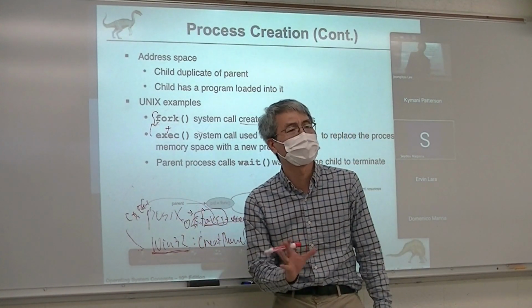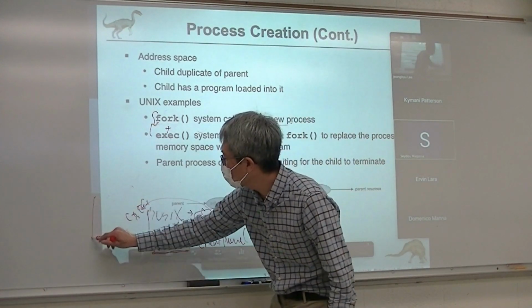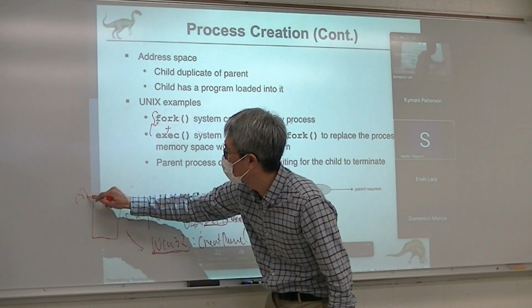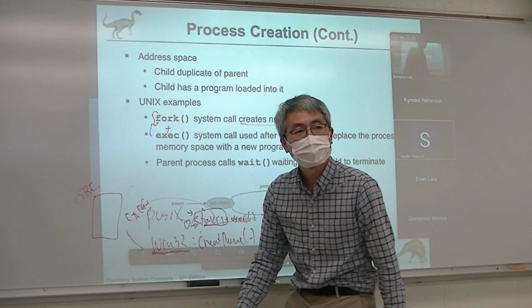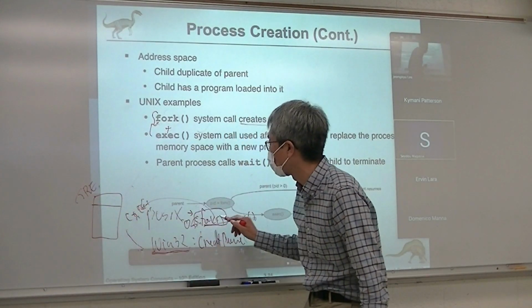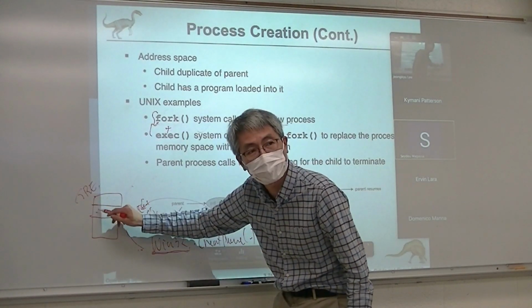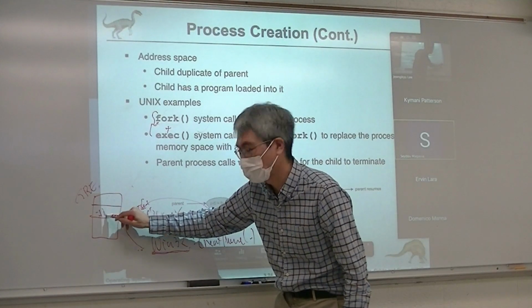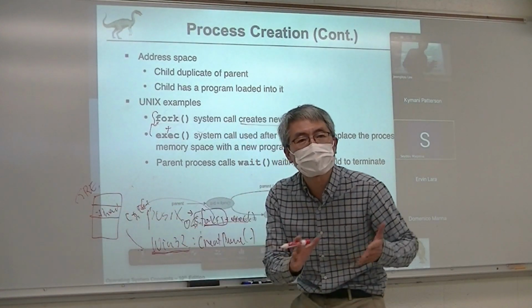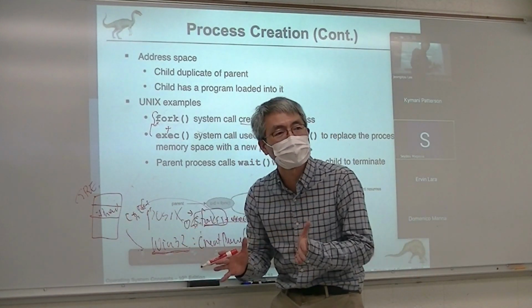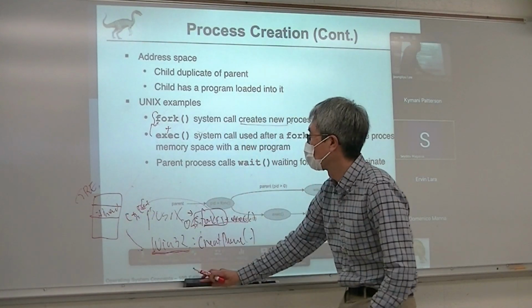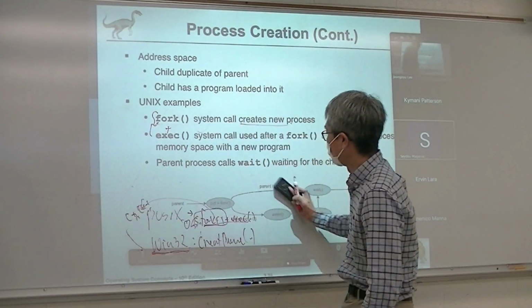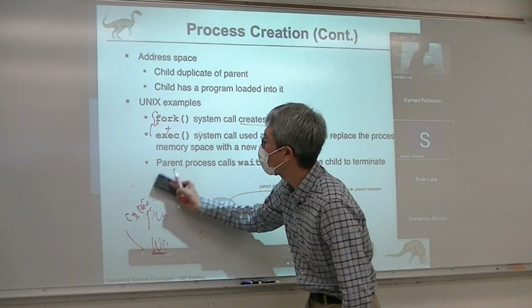Java is different. Java is one process, the JRE. Inside it, if you create something, that's not a process; that's a thread, which we will talk about later. We need to know the difference between process and thread, next class.